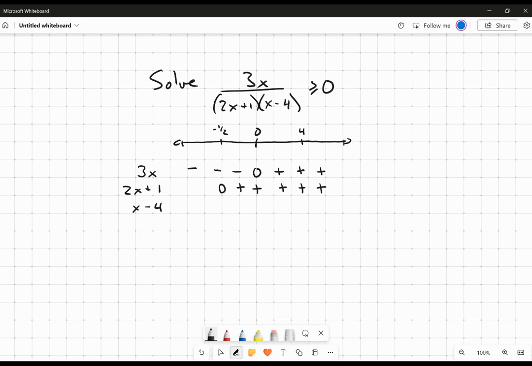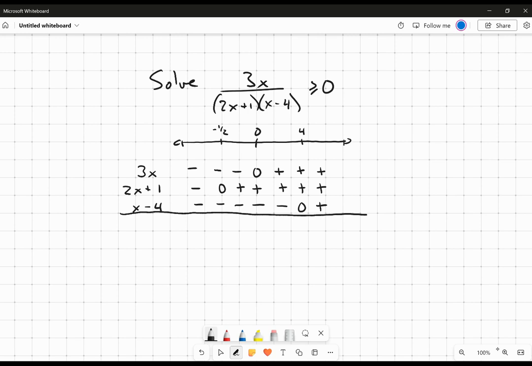But to the left of negative 1 half, any value you plug in there is going to produce a negative result. For x minus 4, it's going to go to 0 at 4. If you choose a number bigger than 4 and plug it in for x, you're going to get a positive. But any of these values in any of these regions here, less than 4, you're going to produce negatives. Okay? And so that's how each one of these functions behaves along that number line here.